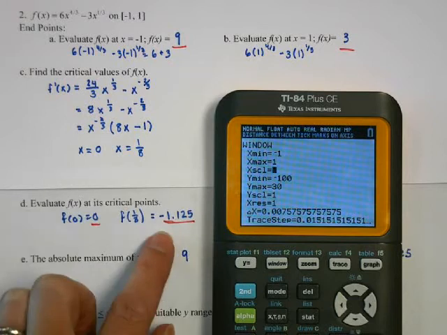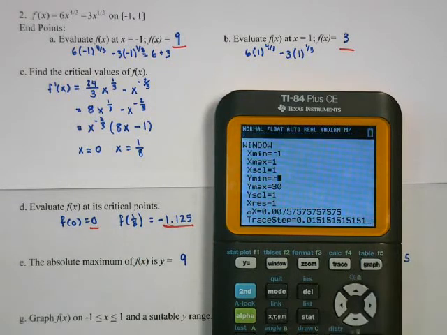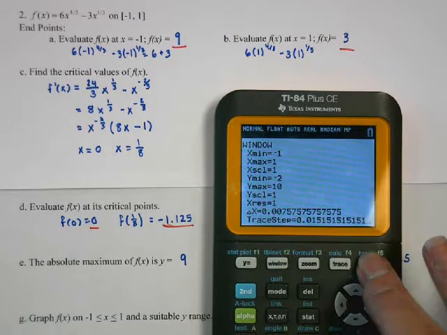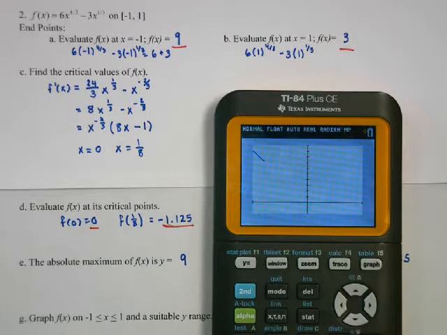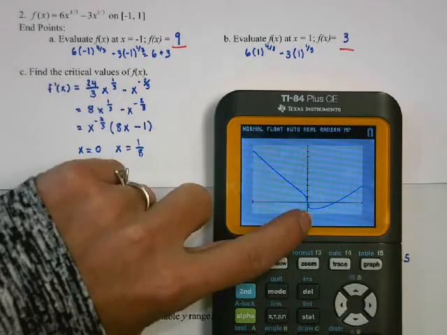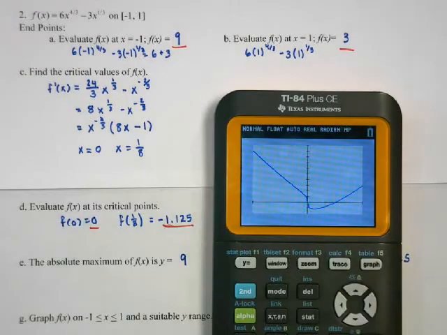My smallest is -1.125. So let's go from maybe -2 to 10 and graph. So kind of an unusual graph, but here we see our maximum value and our minimum value that we discovered.